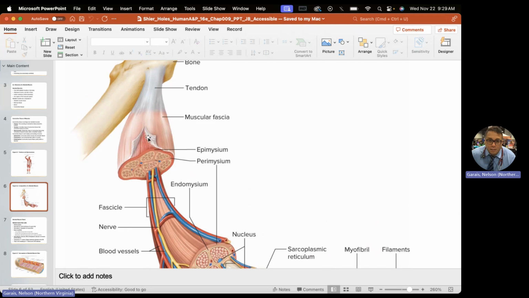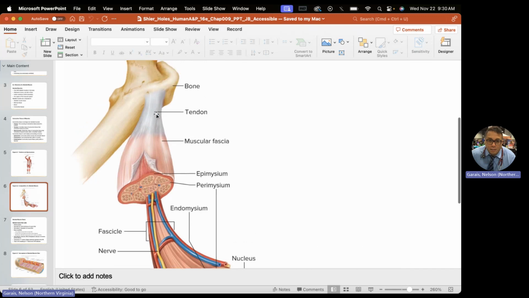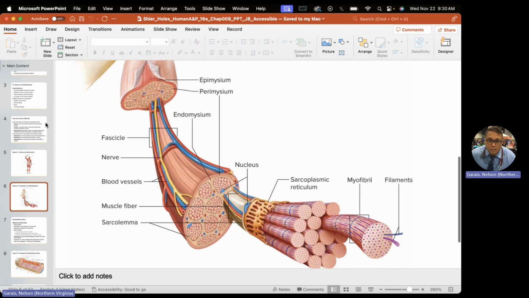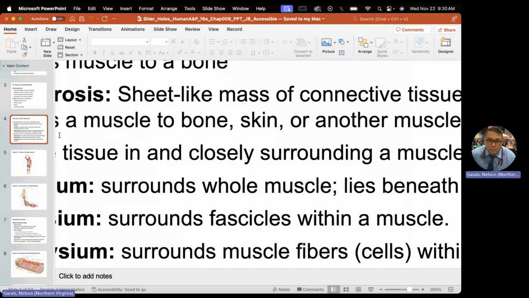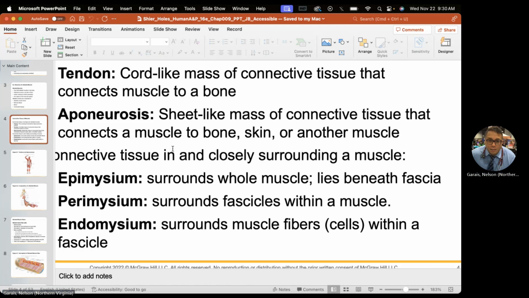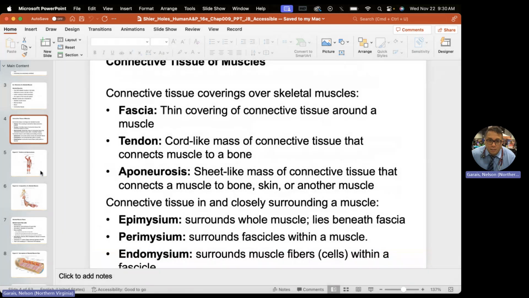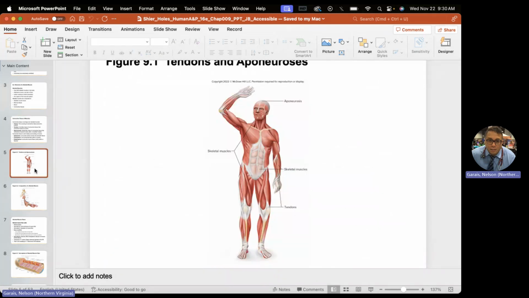That is the most superficial, tough layer, and it's tough, T for tough, connected to tendon, connecting to something even tougher, which is bone. So this slide, very important. It's related to slide number 4. Very important, right? Know these terms and know what they are.